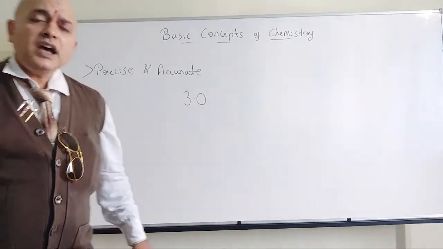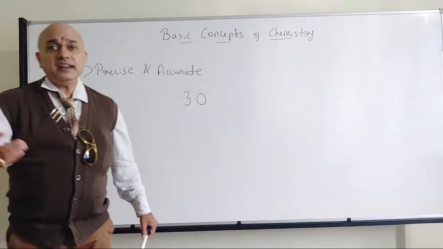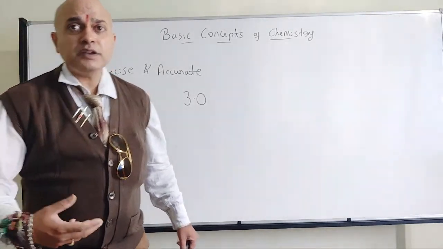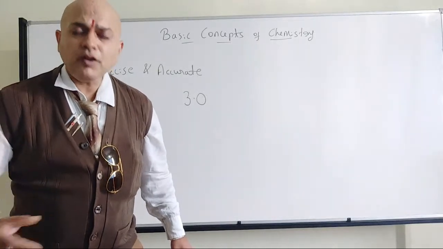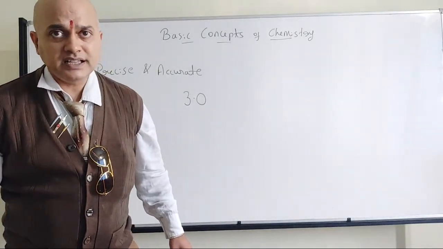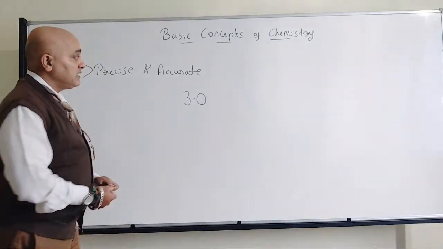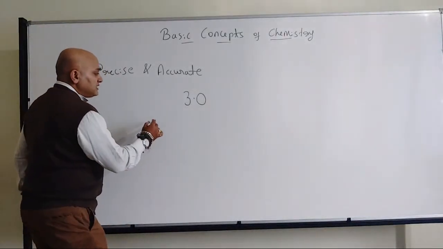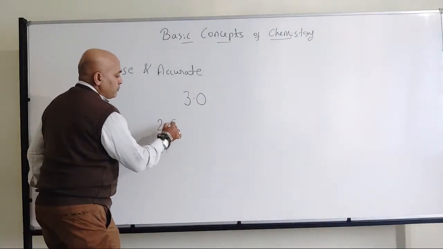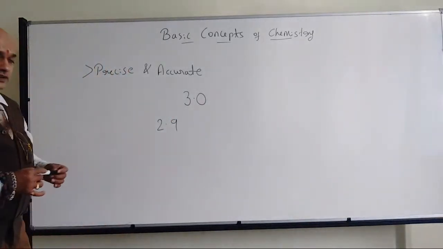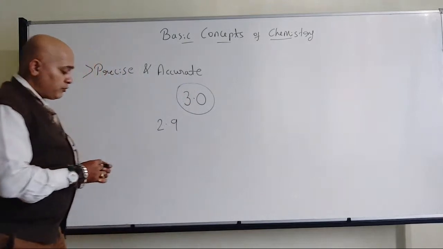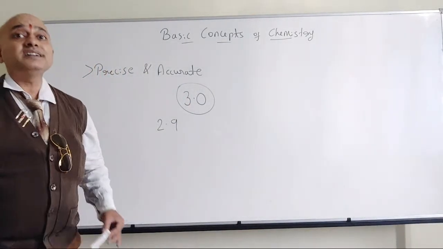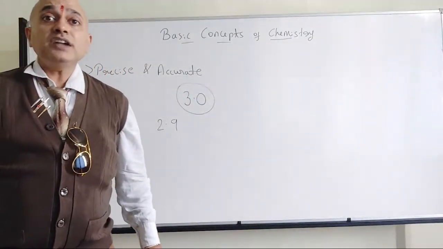Now, due to some human errors, while doing the experiment, there can be some errors which can happen by the Raghavendra sir or any one of our human beings. Errors can happen, right? So due to that, I am getting the result as 2.9. Actual result I am expecting is 3. But how much I am getting? 2.9.